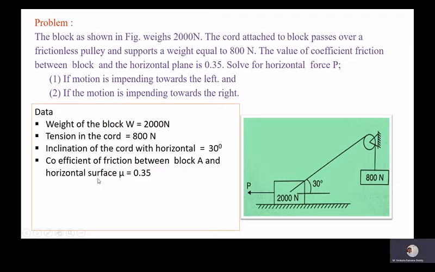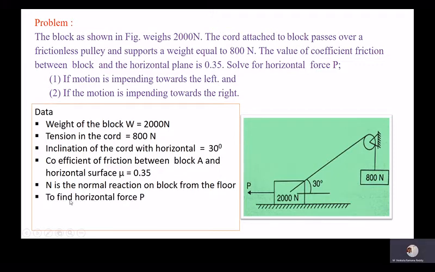Coefficient of friction between the block and the horizontal surface is 0.35, and N is the normal reaction on the block from the floor. We have to find the horizontal force P when the motion is impending towards left.